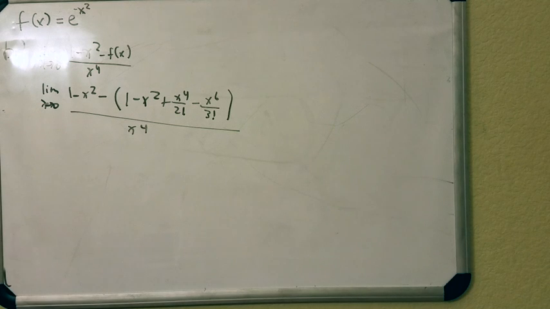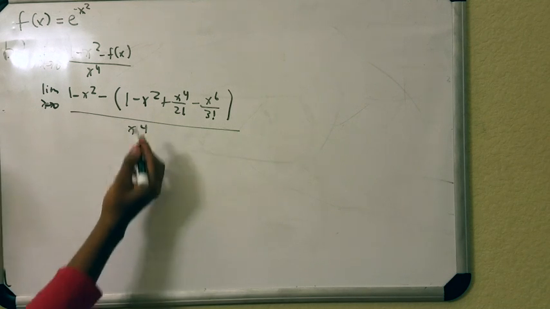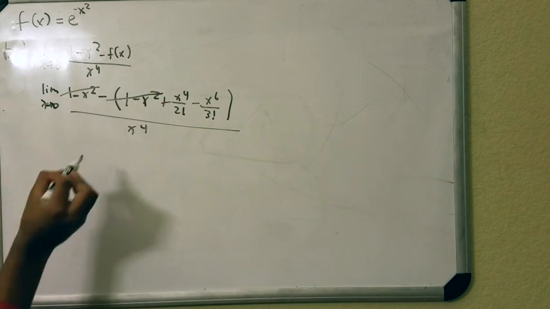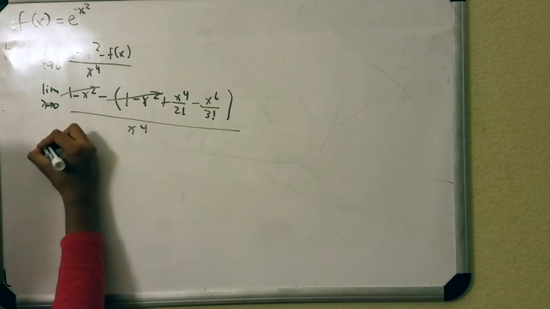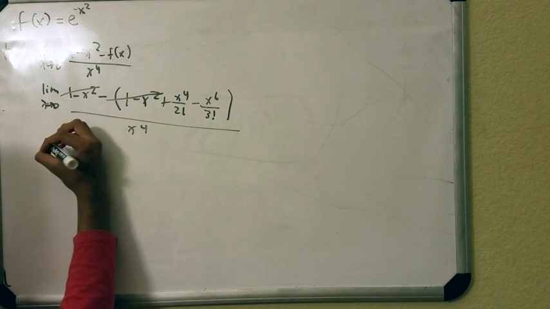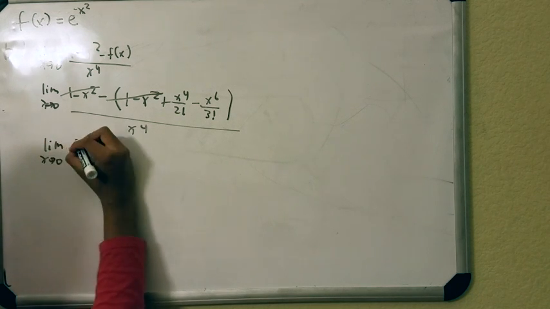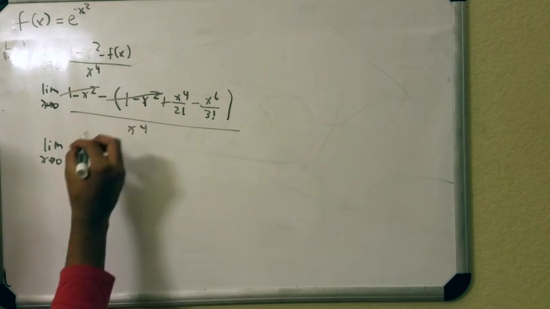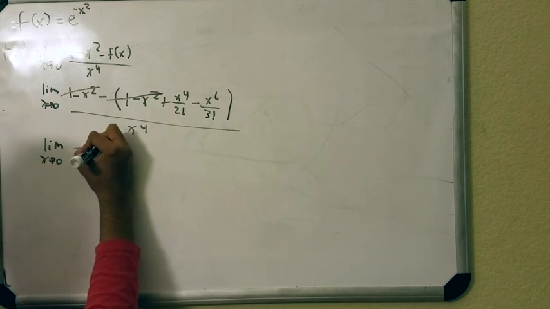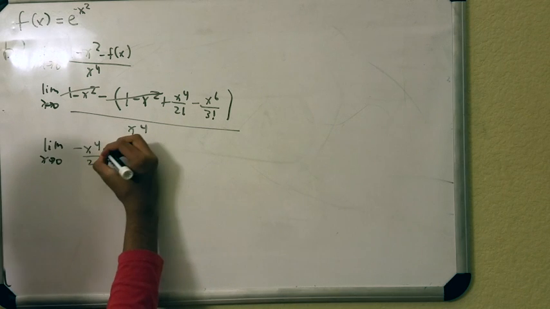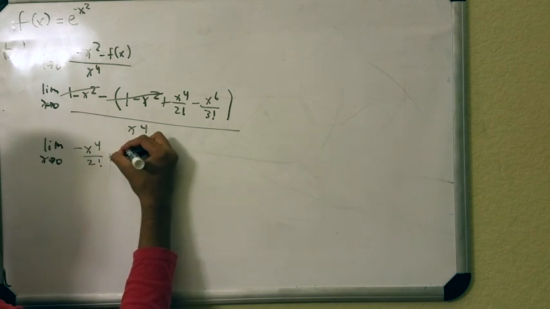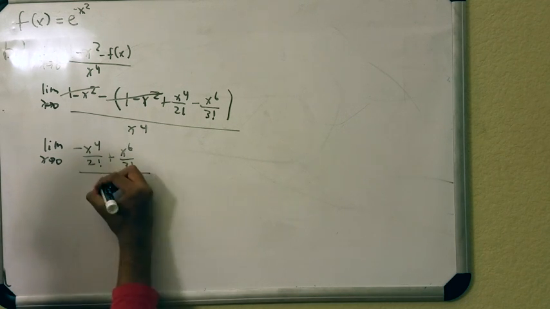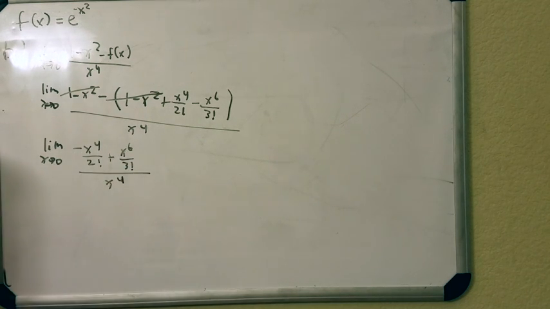Now you can easily see that this 1 minus x squared and this 1 minus x squared will cancel, leaving us with the limit as x goes to 0 of, and because there's a negative still outside, you have to distribute that, so you have negative x to the 4th over 2 factorial plus x to the 6th over 3 factorial, all of that over x to the 4th.